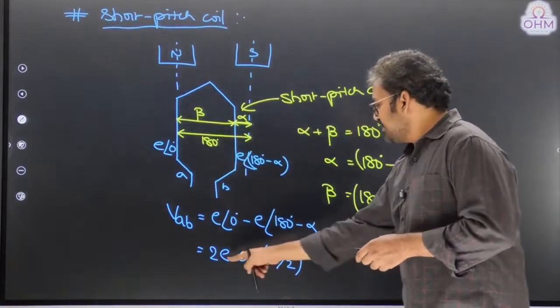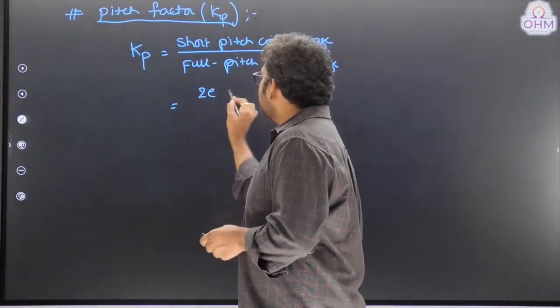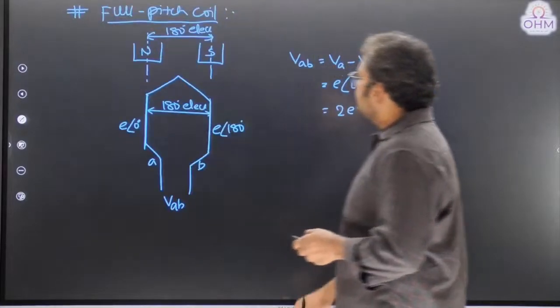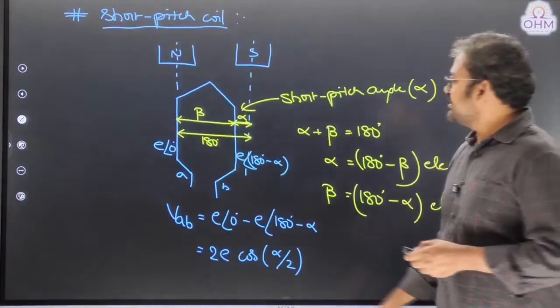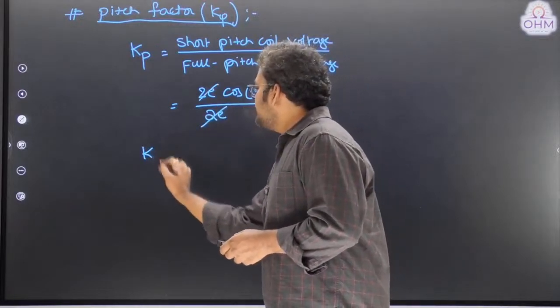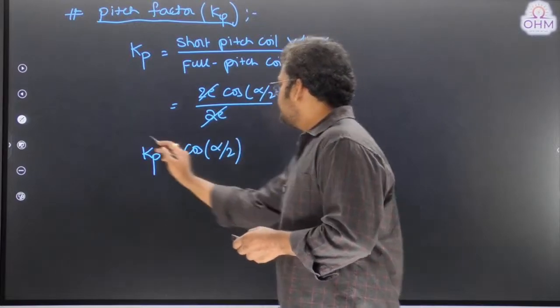Just now we studied, it is 2E cos alpha by 2. What is the full pitch coil voltage? That is directly 2E. Therefore, 2E will cancel. That means the pitch factor is equal to cos alpha by 2.